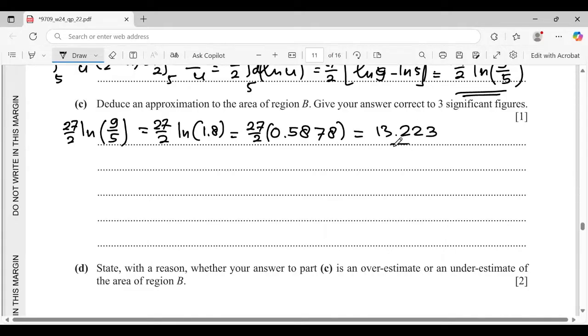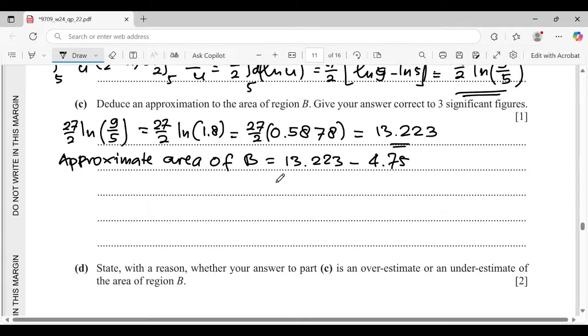So this is the total area. And the approximate area of region B is 13.223 minus 4.75.